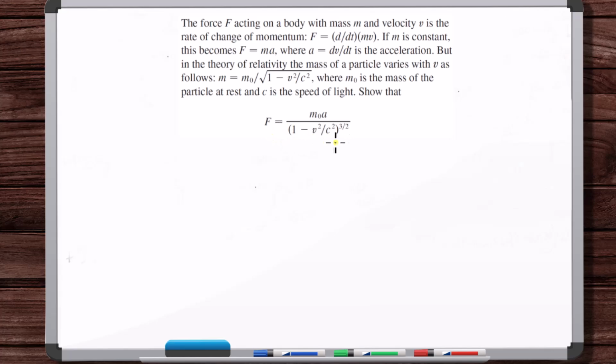Okay, so to show that this is F, this is the most general form of the force on something, because m is a function of t, v is a function of t. So what we need to do is get mv for this situation. So v is just v, but m is this. So mv is equal to m naught v over the square root of 1 minus v squared over c squared.